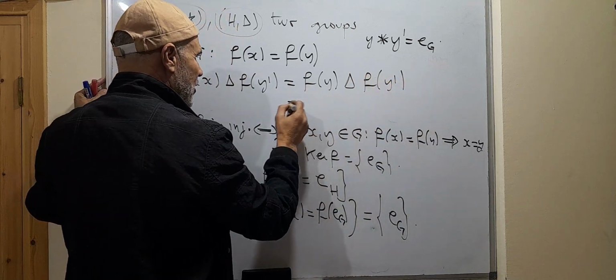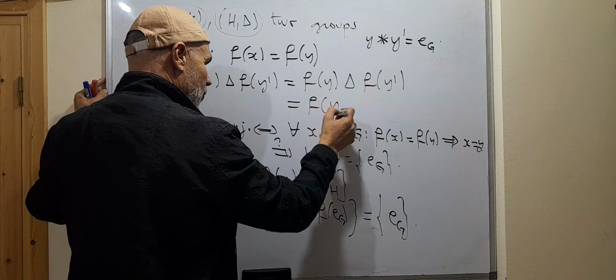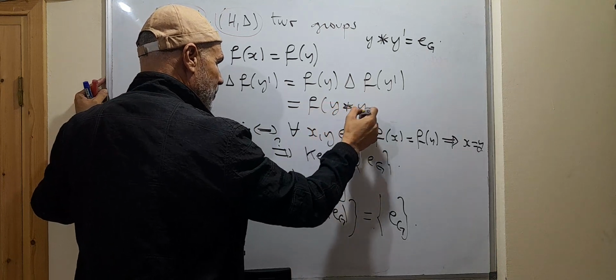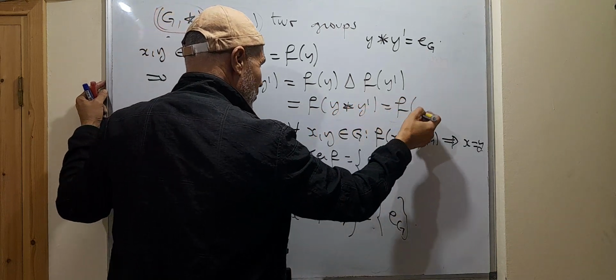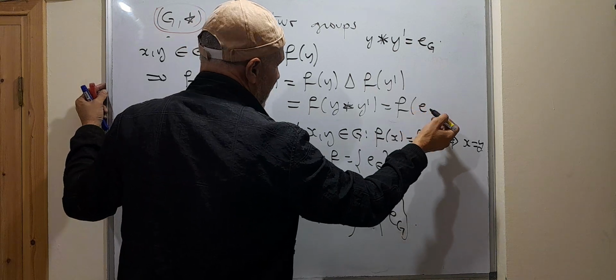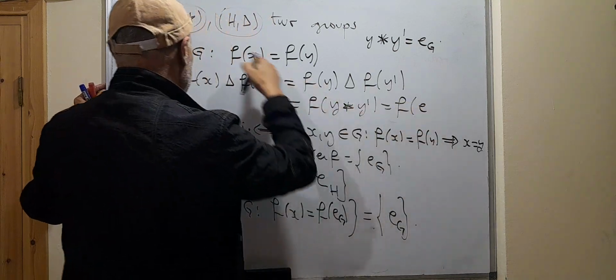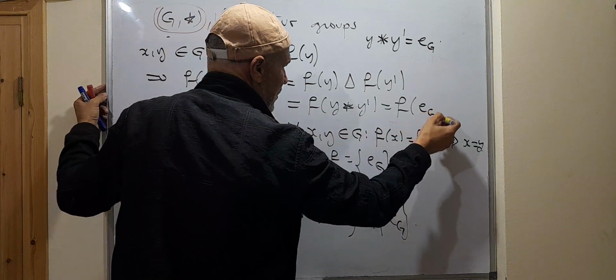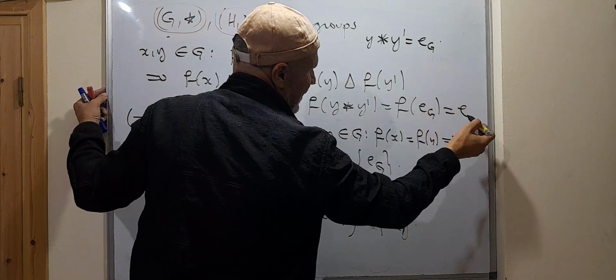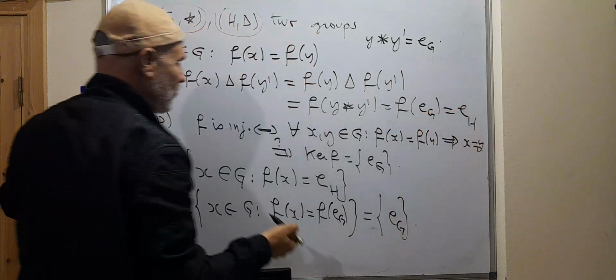But by definition, this is equal to f of y * y prime, which is equal to f of e_G, which is equal to e_H.